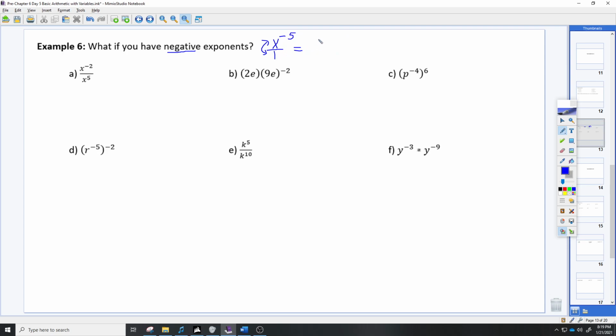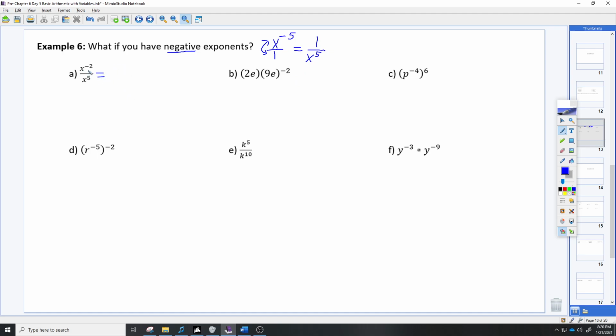So it would be flipped around, kind of like a reciprocal. 1 over x to the, now it's not negative 5, it's positive 5. So these two things actually mean the same thing. When we do problems and we get negative exponents, we do not keep our answer as a negative exponent. You never have negative exponents as your answer. You need to simplify them and put it down the bottom. So think about flipping it around.